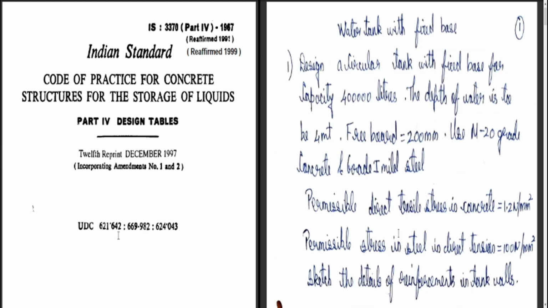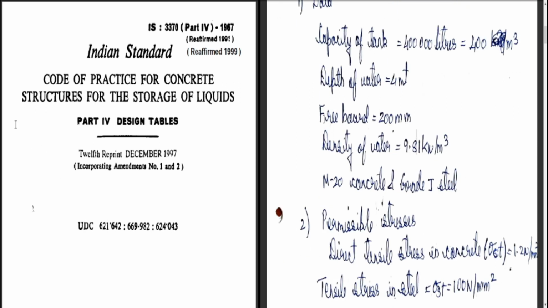Freeboard given is 200 mm. The density of water is taken as 9.81 kilonewton per meter cube. Then M20 grade concrete and grade 1 steel. This is the general data of the circular water tank.